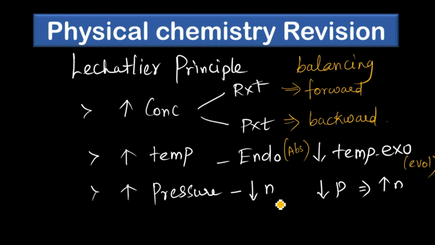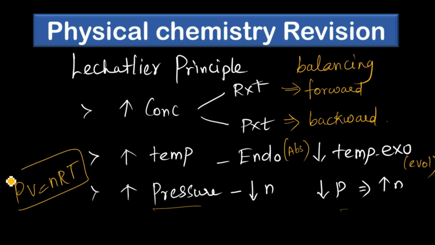Pressure factor. You can remember pressure and volume factors by PV equals nRT. Ideal gas law, you know, right? So pressure increases means the reaction goes to the side where the number of moles is less, because more pressure means volume becomes less, and it doesn't want that.